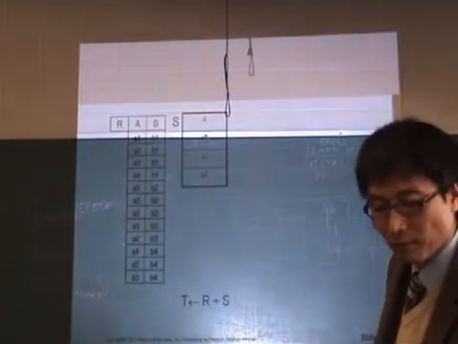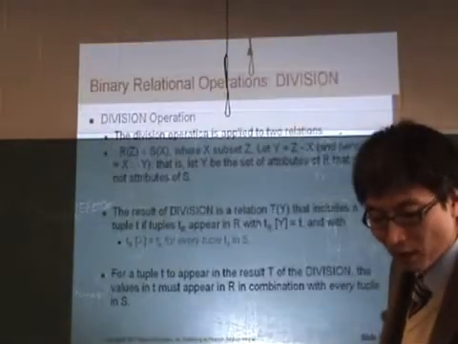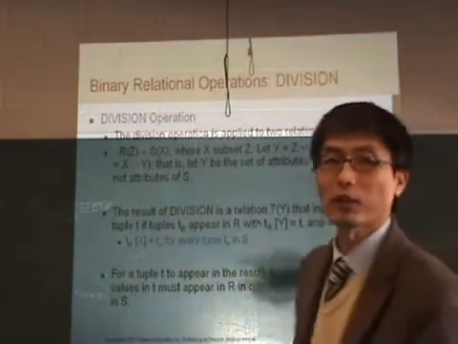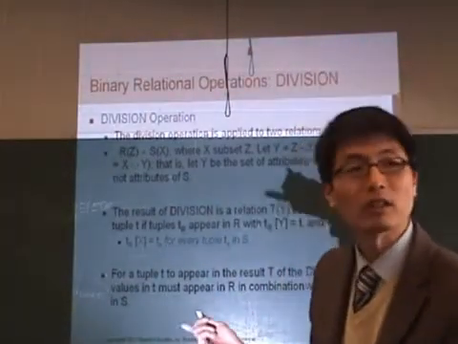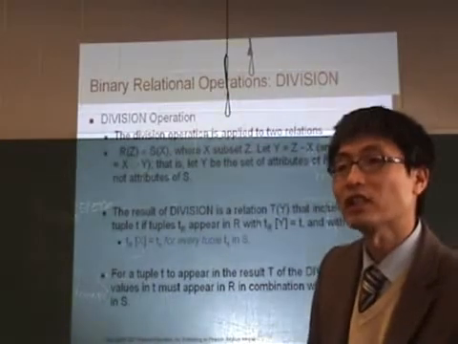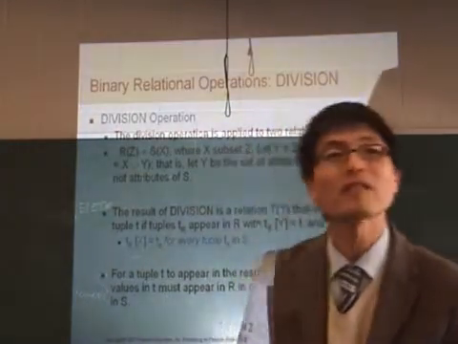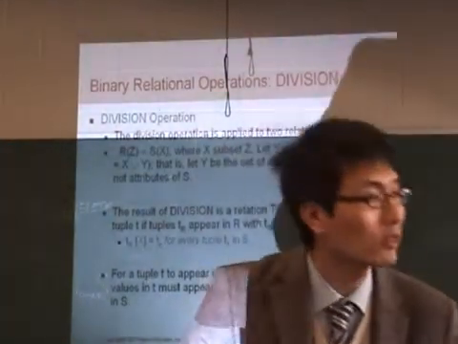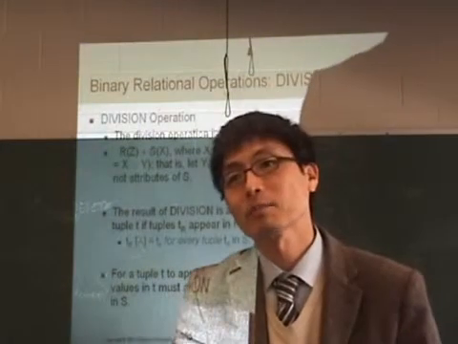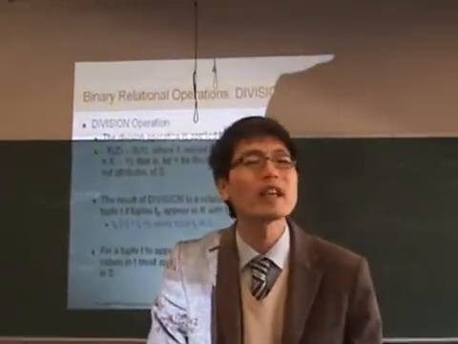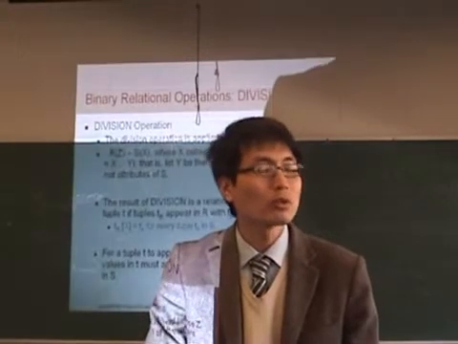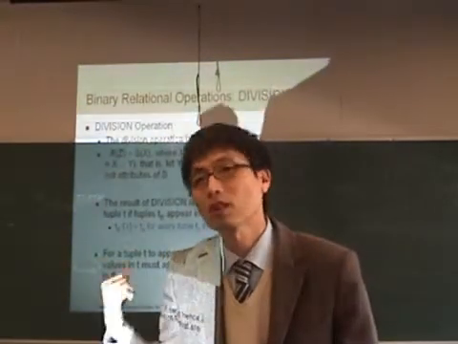That is division. I'm not going to explain the division by definition. It's more complicated, so I explained the division using an example. Why? Because in a real life relational database management system, you may never see such a division operation.